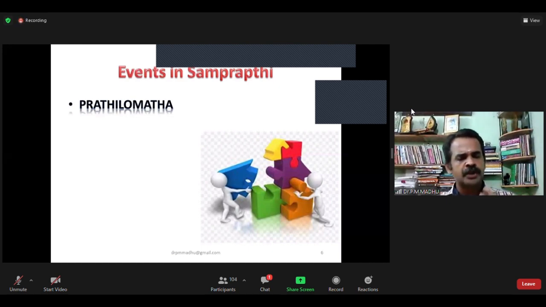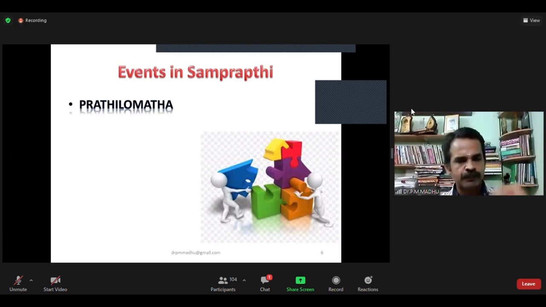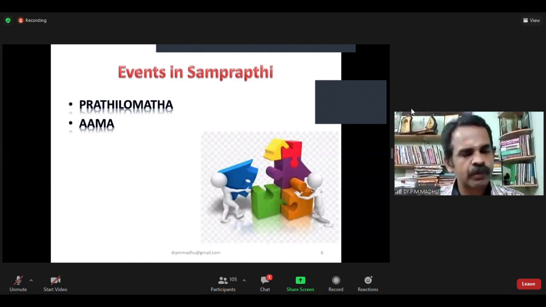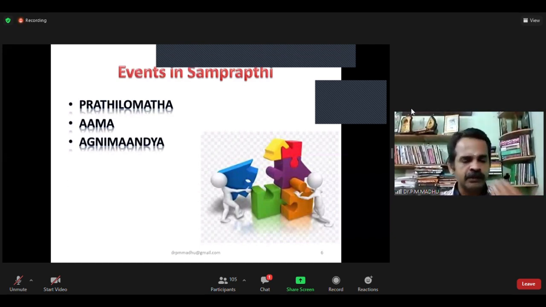system, like so. There will be some essential events happening inside the body as a stepwise evolution of that Samprapti. So basically, there will be a Pratilomata in the patient's koshta, and simultaneous formation of Ama will be there, and Agnimandya will be there.